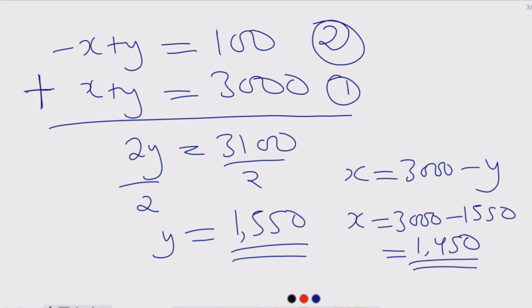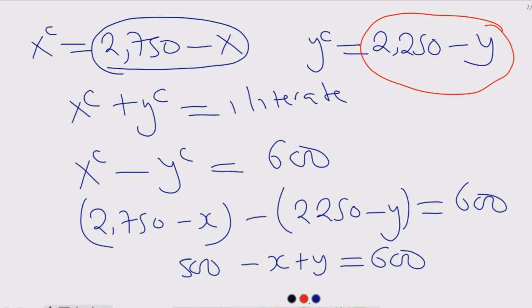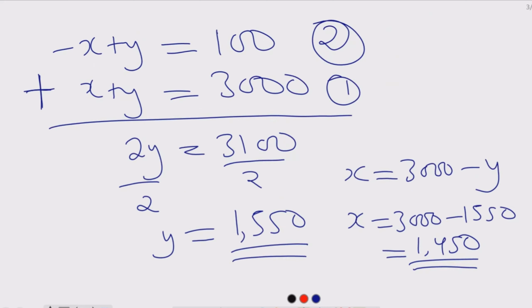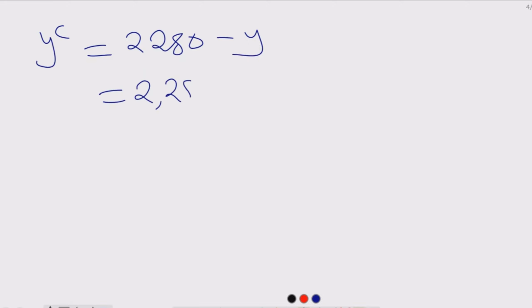Then, since we know this, we can easily find the illiterate population. We know the equation for the illiterate female population is this one. So we proceed and say female illiterate is equal to 2,250 minus Y, which is 2,250 minus 1,550.